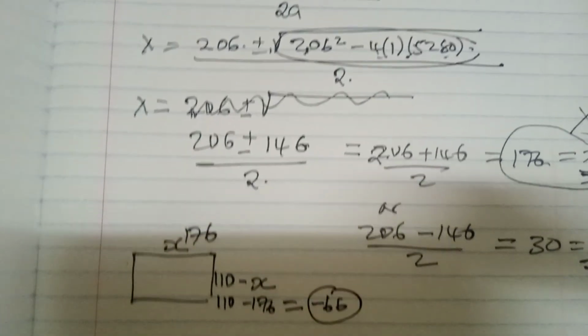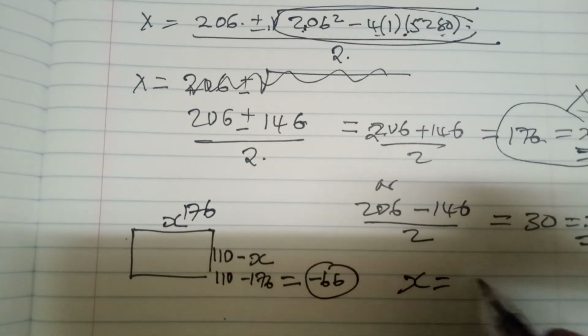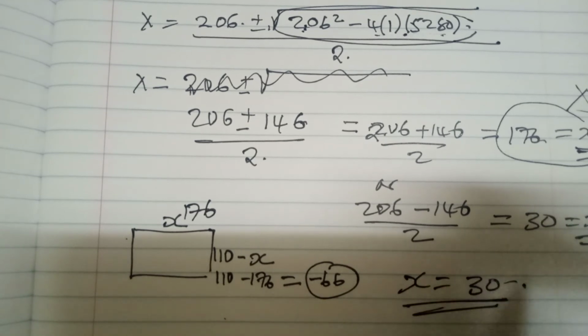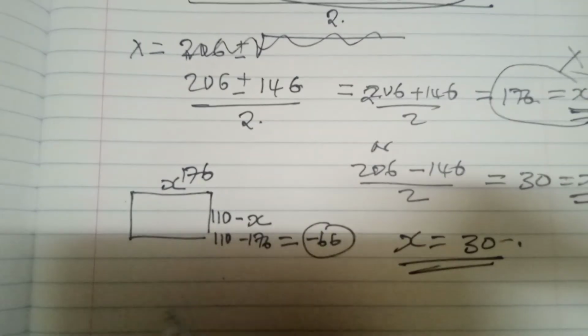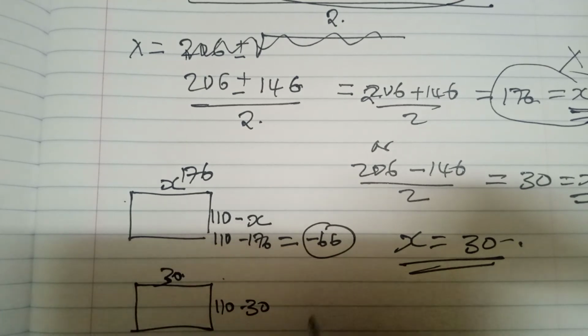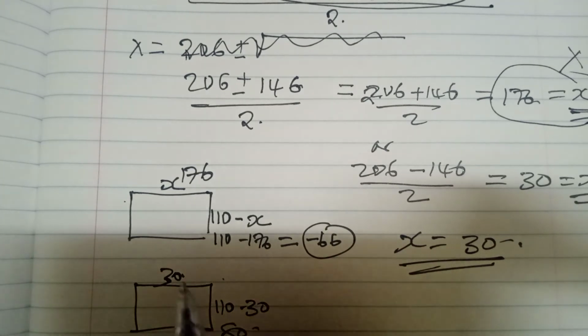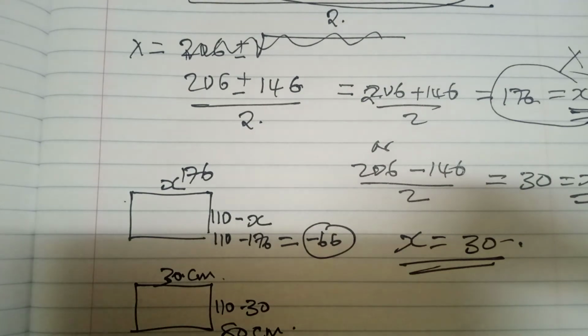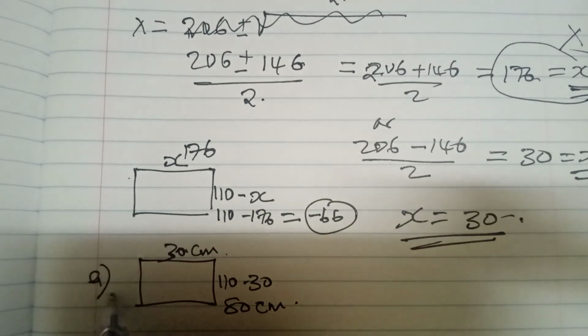So the obvious value of x is equals to 30, and that is what we are going to work with moving forward. And in this case, the dimensions of the tile is 30, and 110 minus 30, which is actually 80. The dimensions of the tile is 30 centimeters by 80 centimeters, and that is question part A.